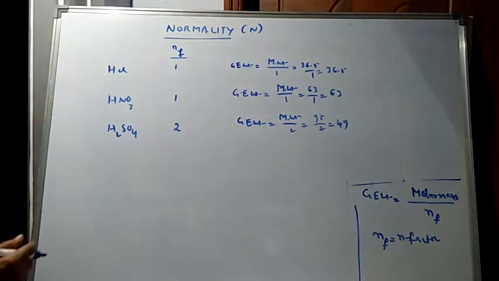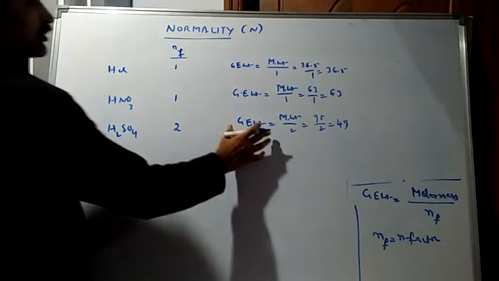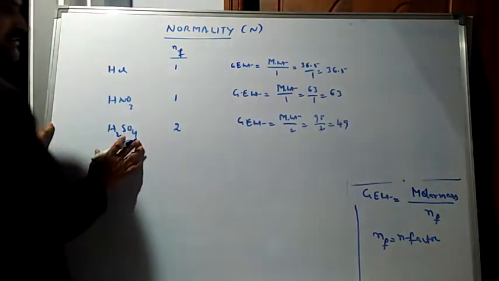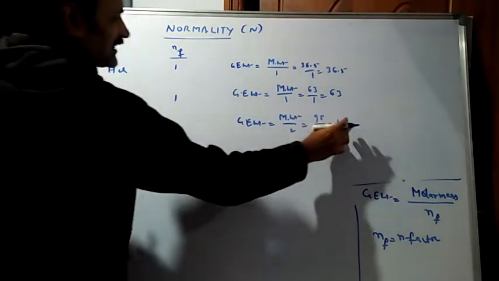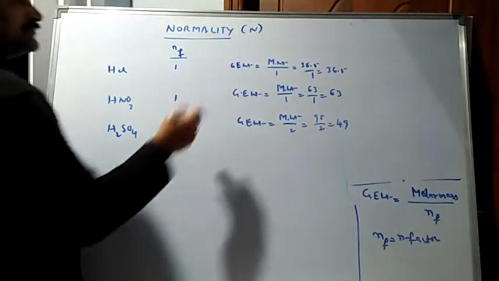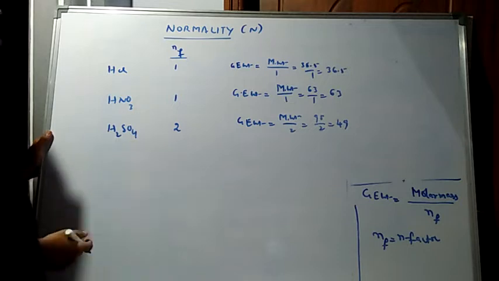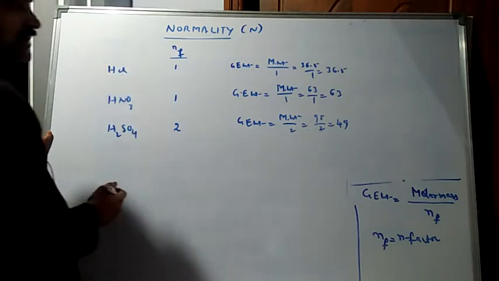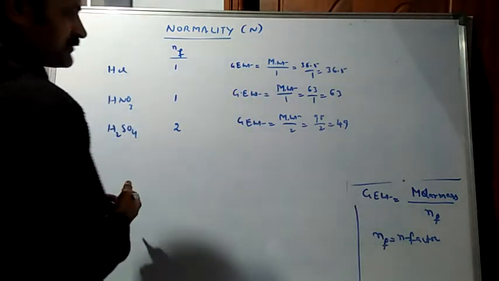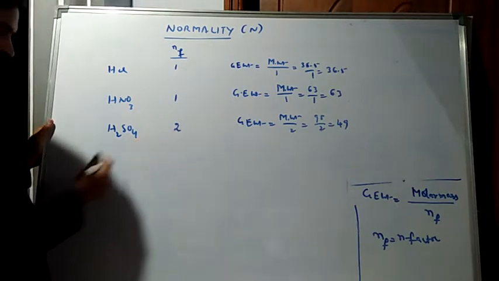What does 49 mean? 49 is the gram equivalent weight of sulfuric acid. That means 49 grams of sulfuric acid displaces only 1 part of hydrogen by mass or 8 parts of oxygen by mass, that is the meaning of it.